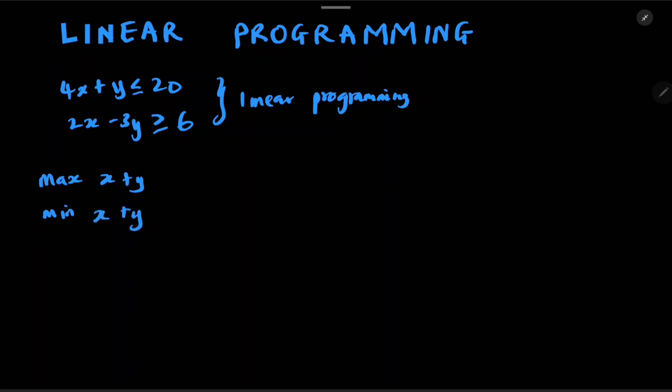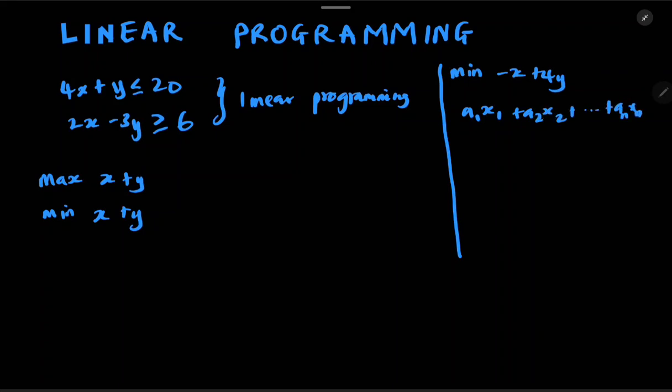So a problem in linear programming usually looks like this. First of all, you have your constraint. Let's call it, for example, our constraint, we want to find minimum of minus x plus 4y. And we have our linear inequalities. For example, it could be written like this: a11 x1 plus and so on, plus a1n xn less than or equals b1.